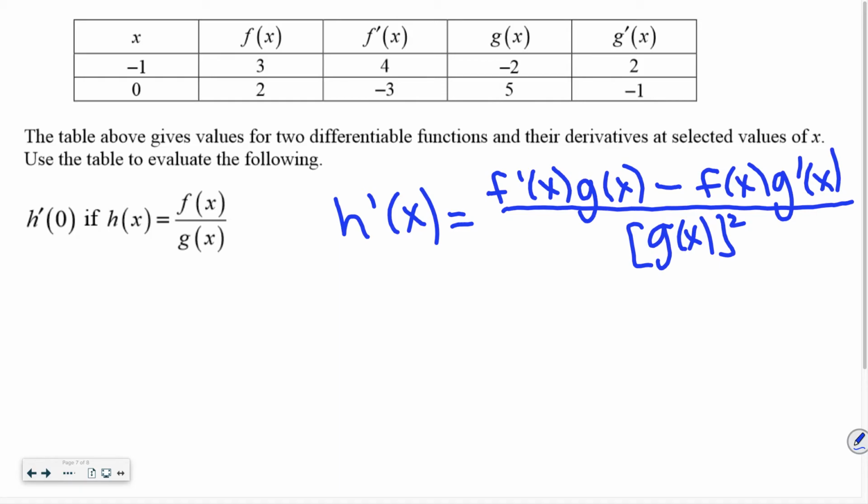Always, always, always find your derivative in terms of x first, then worry about plugging in a value. Okay? Now that we have our derivative in terms of x, they're asking us for h prime of 0.